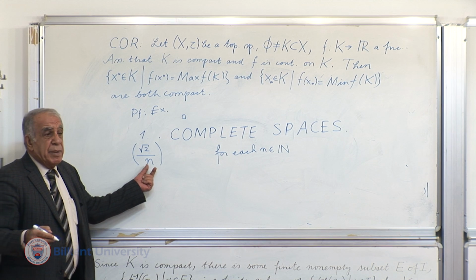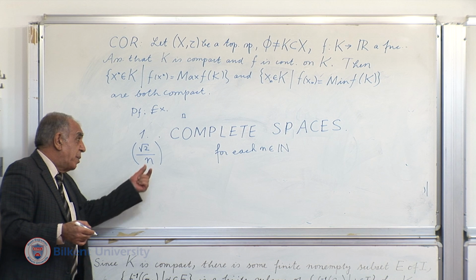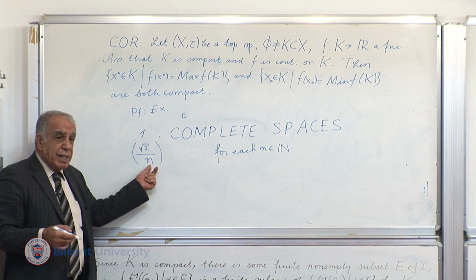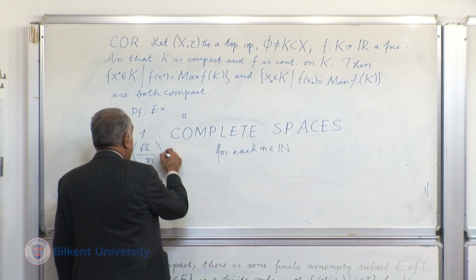Well, this will be an irrational number. We know square root of 2 is irrational. If square root of 2 over n is rational, then square root of 2 would be rational as well. So this is irrational.